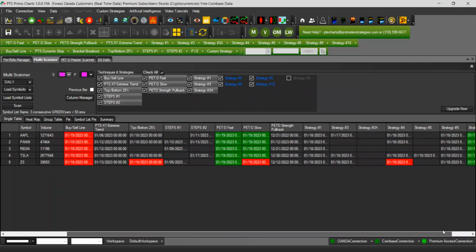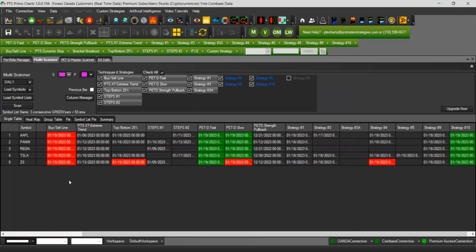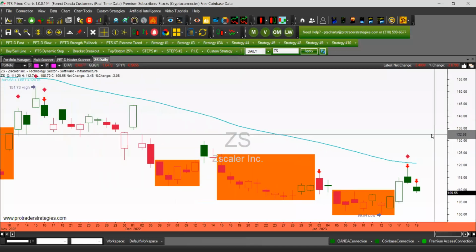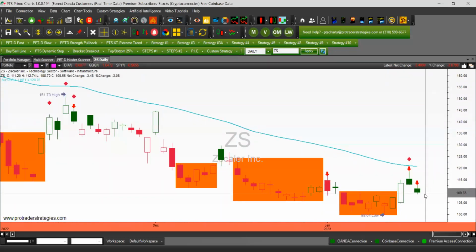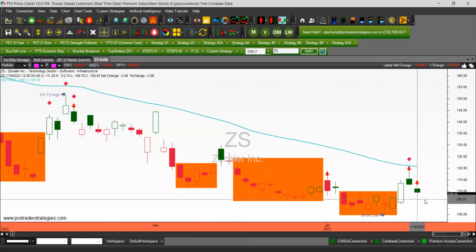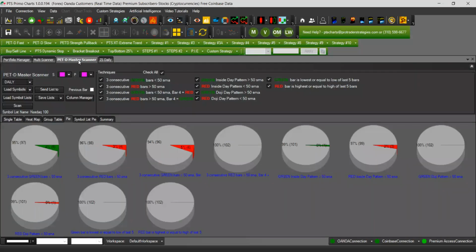But you can see here, let's take this VS and go to the chart. And this is not only showing you 4 consecutive bars below the 50-day moving average, but it's showing you a contradicting signal. So those things are going to be in your PETD course as well.